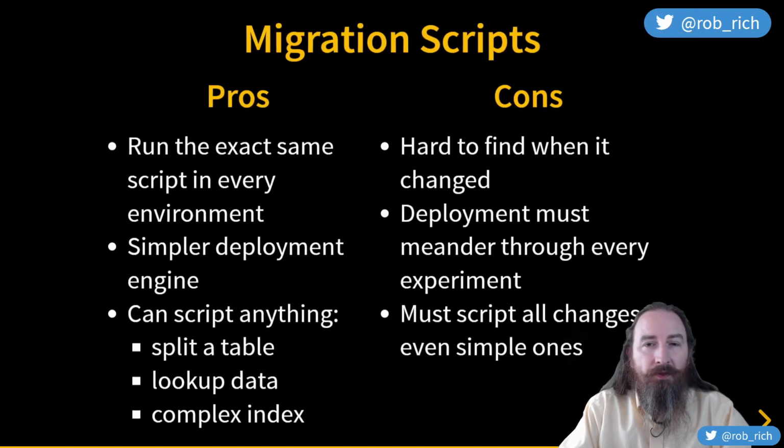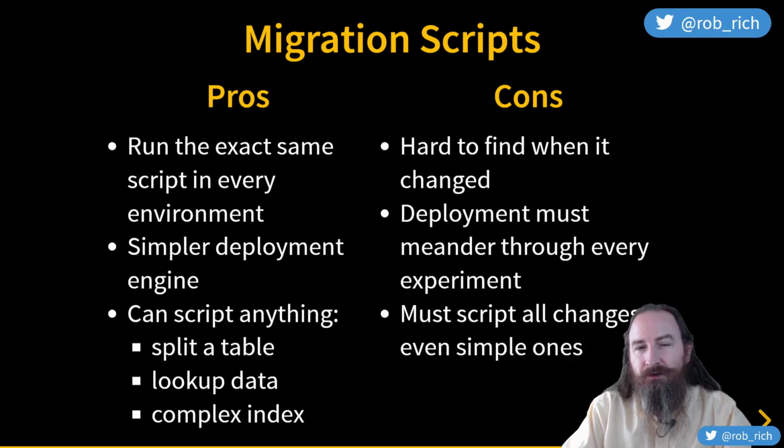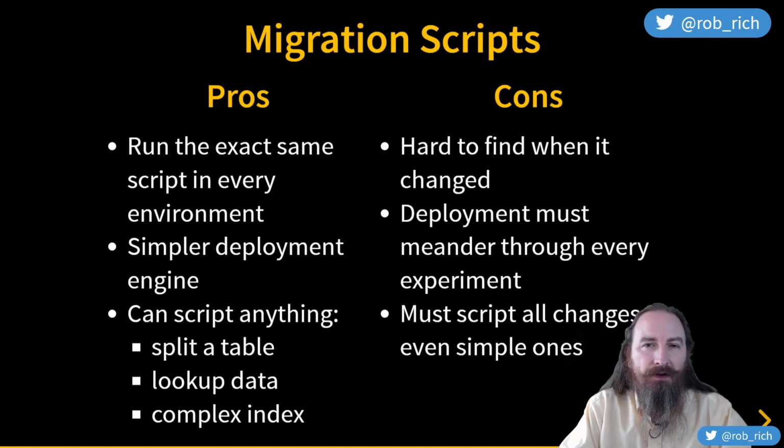By comparison with migration scripts, we can take a very well-paved path, but we have to take each step in that path. Maybe the developer renamed the table and then renamed it back. We're going to need to do both steps. Maybe they renamed the table, added a column, changed the column's name, removed the column, split the column. We're doing each of those steps in all of the experiments that the developer did.